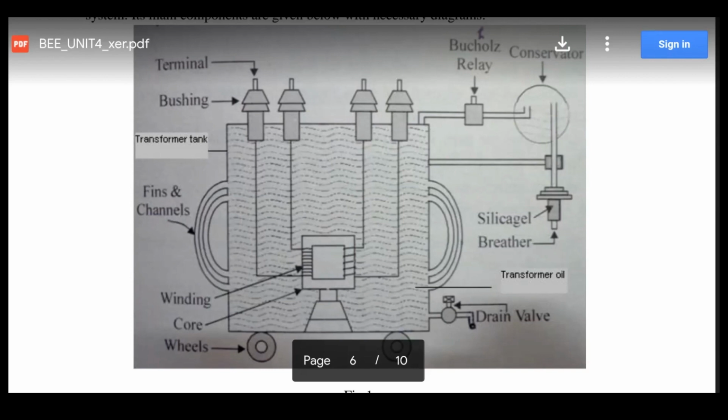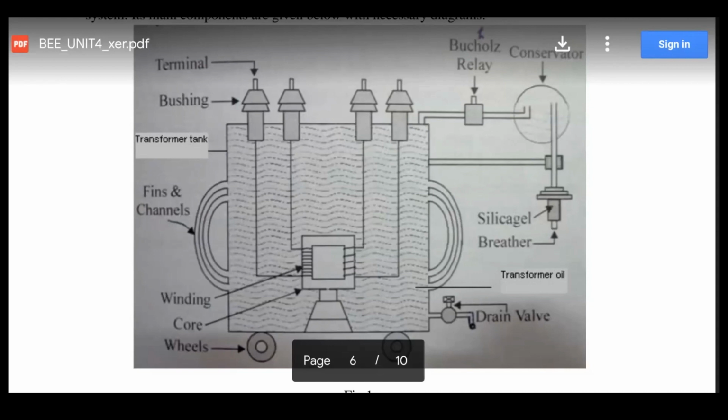For the transformers in which the current carrying capacity is more, we use copper conductors, and the transformers which have less rating, or you can say 33 kV distribution transformers, we can use aluminum winding as a conductor as well.